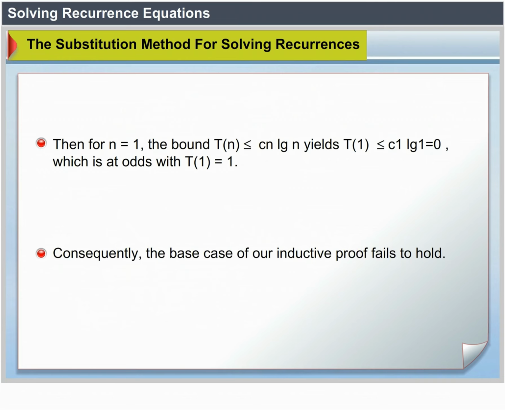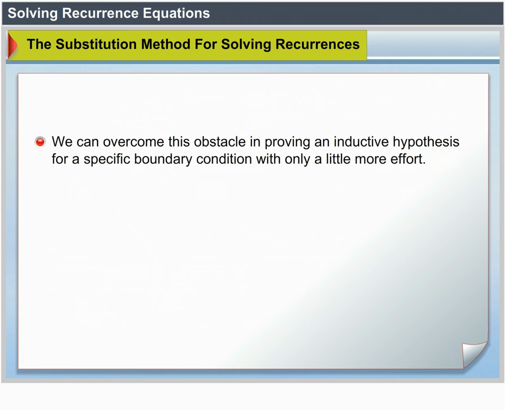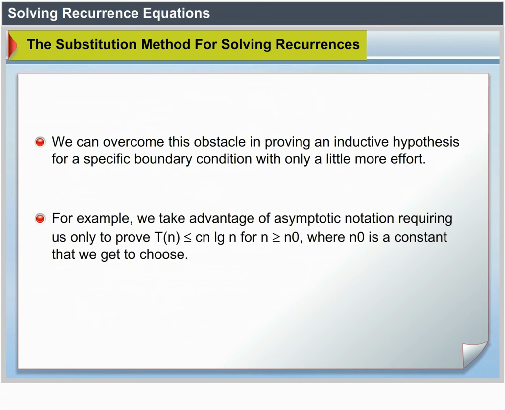We can overcome this obstacle in proving an inductive hypothesis for a specific boundary condition with only a little more effort. For example, we take advantage of asymptotic notation requiring us only to prove T of n less than or equal to Cn log n for n greater than or equal to n naught, where n naught is a constant that we get to choose.